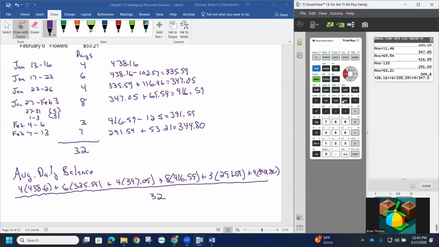Then we add to that 8 days at 416.59. Then we have 3 days. Oops, got to hit a plus sign there. So it's tricky. Get this stuff in right.